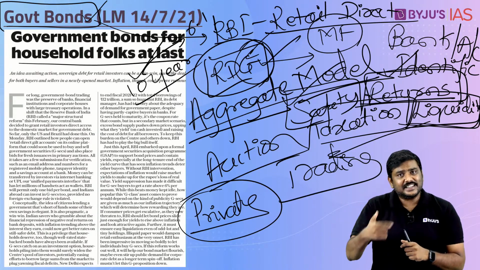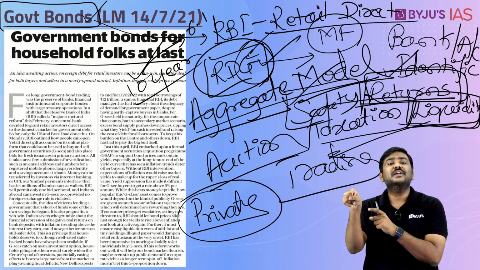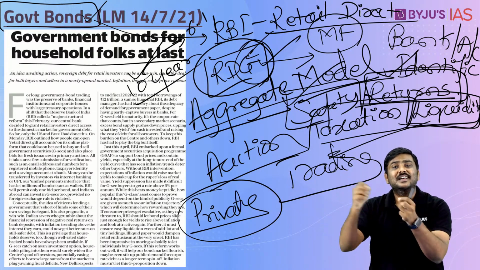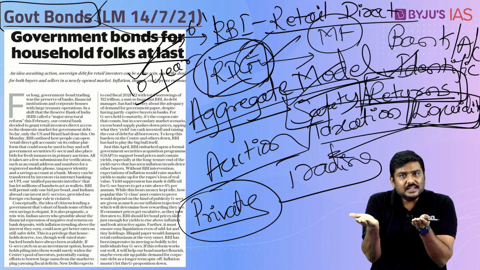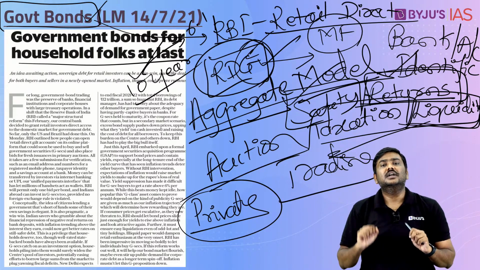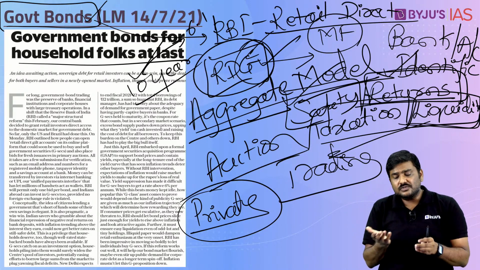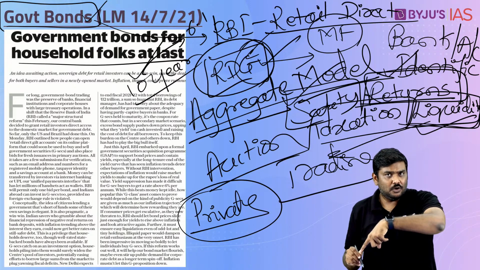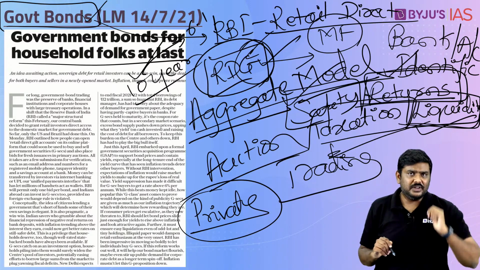That is, there is a risk involved by investing in these particular government securities with respect to how much you are going to earn, because in the market prices of these G-secs could be higher, could be lower, and so on and so forth. So retail investors will be more exposed in case of direct investment in government securities compared to any other type of investment.